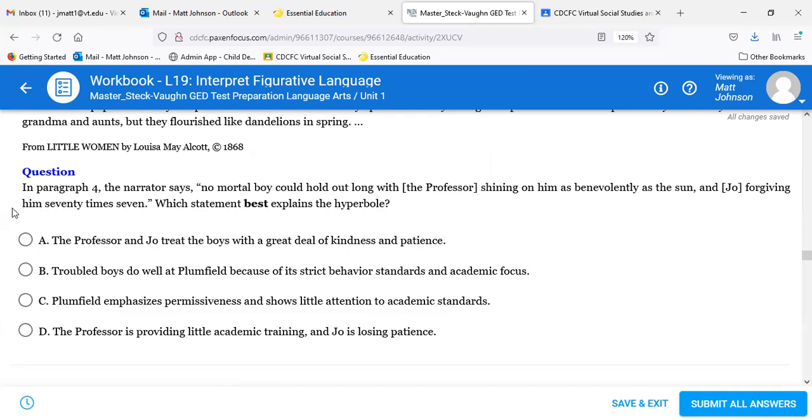A, the professor and Jo treat the boys with a great deal of kindness and patience. B, troubled boys do well at Plumfield because of its strict behavior standards and academic focus. C, Plumfield emphasizes permissiveness and shows little attention to academic standards. D, the professor is providing little academic training and Jo is losing her patience.